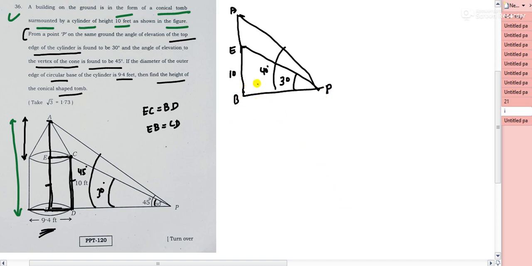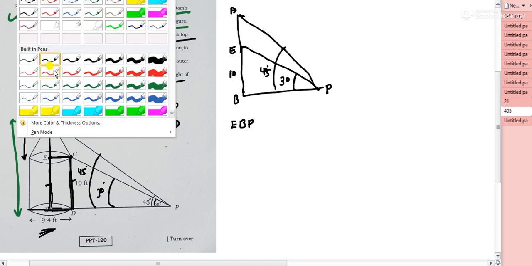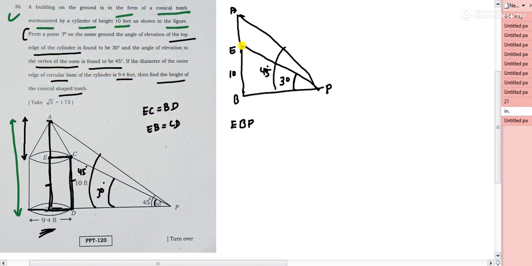Now using EBP, look at it carefully. Let me use a different color pen so you may get it in a proper way. This is 30, correct? So in EBP you have this angle as well as this opposite side.